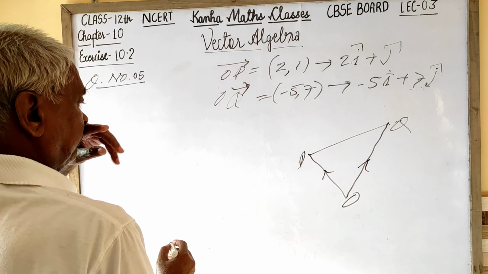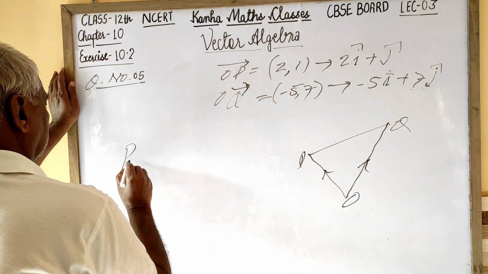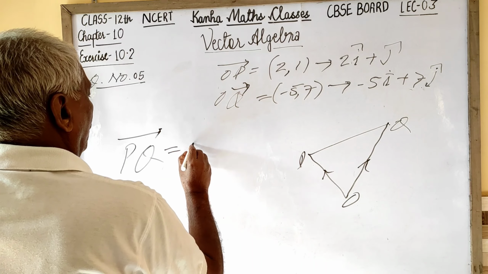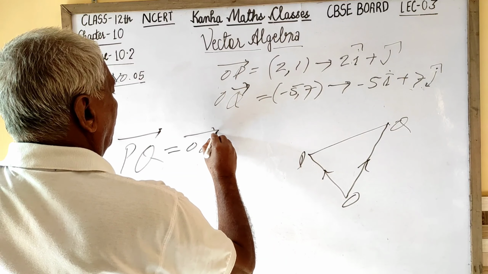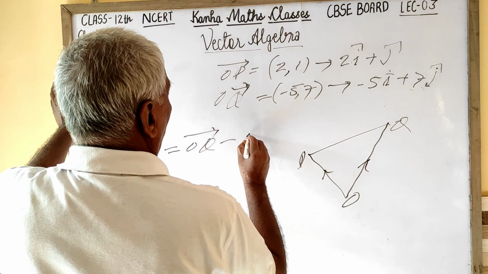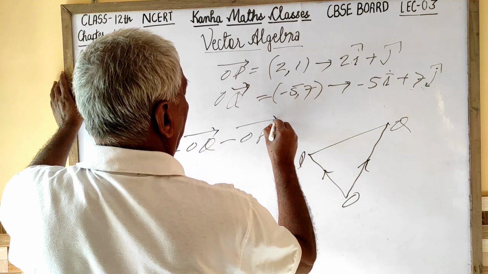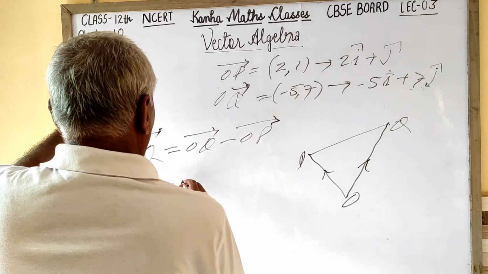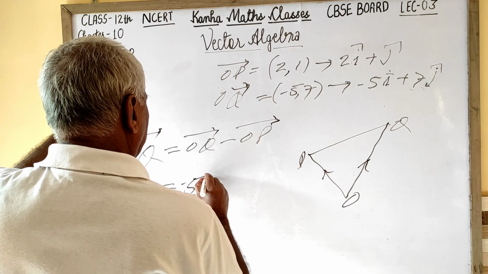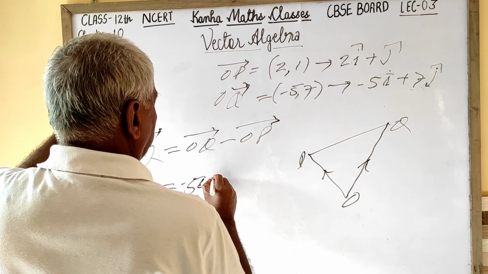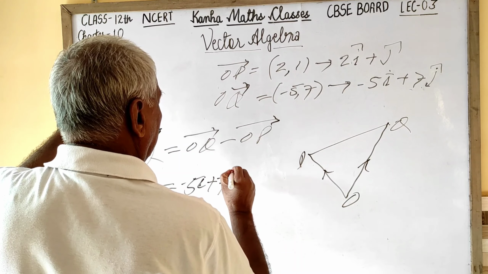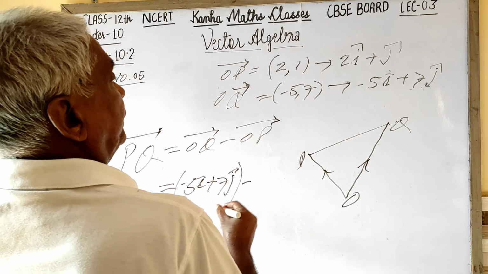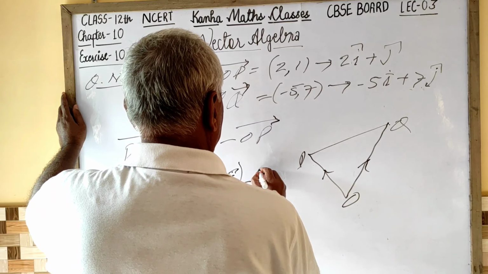Now vector PQ will be equal to OQ minus OP. OQ is equal to minus 5i plus 7j, minus OP, 2i plus j.